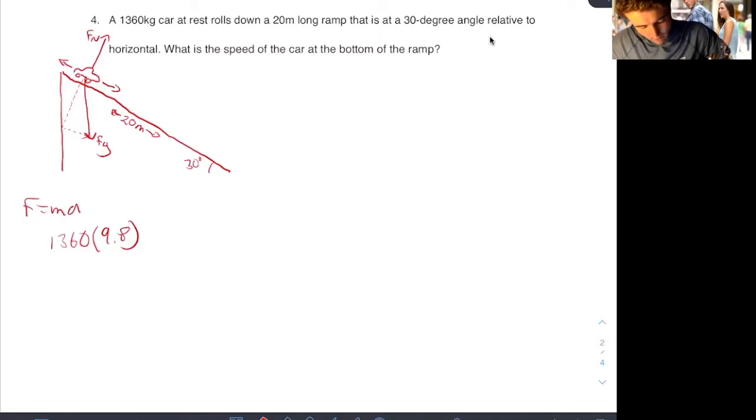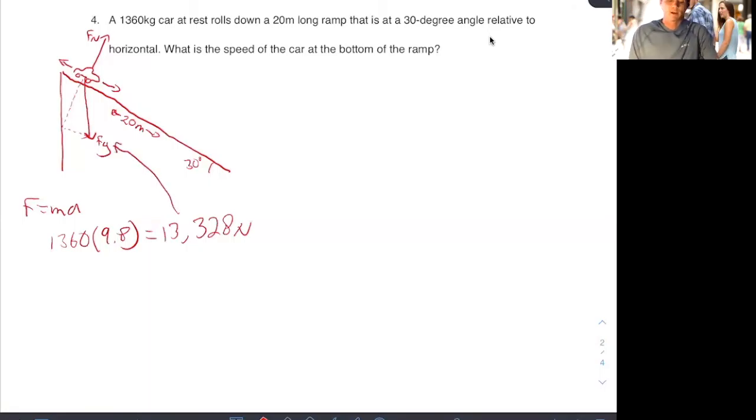Okay, so then our force is going to be 13... is that 3 or 2? 3.28 newtons, right? So that's what this is right here.